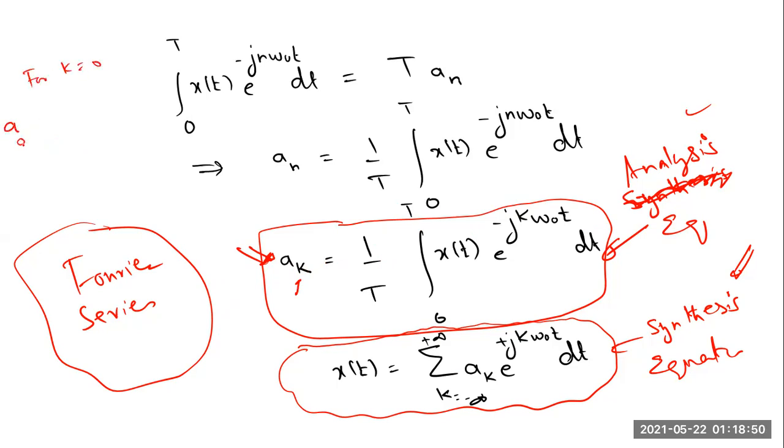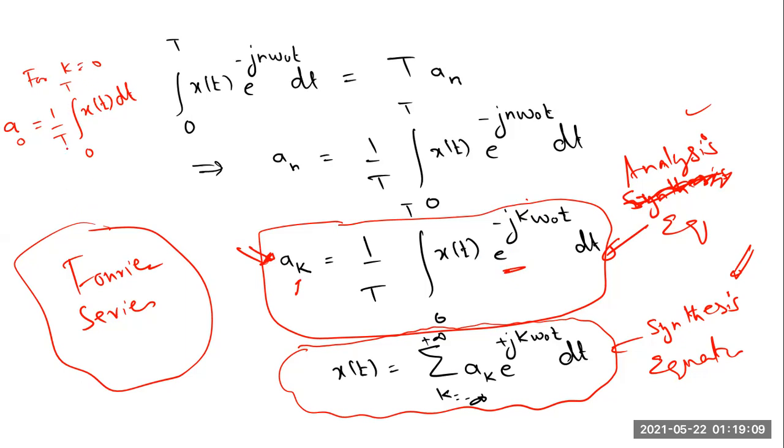You will get a naught, and you get 0 to T, and then you have x of t dt, because this term will become equal to 1.